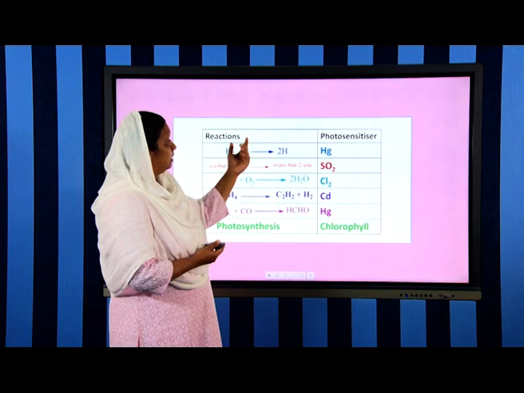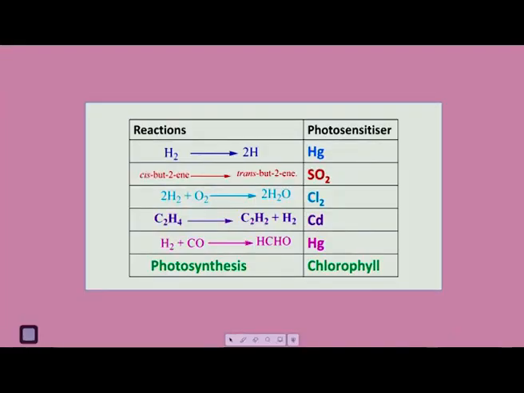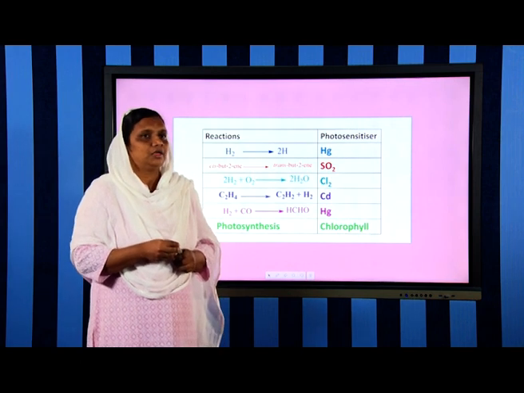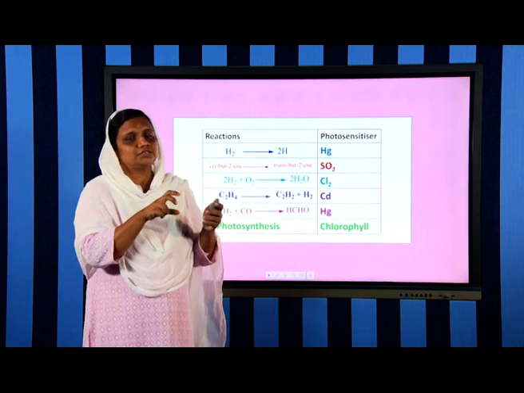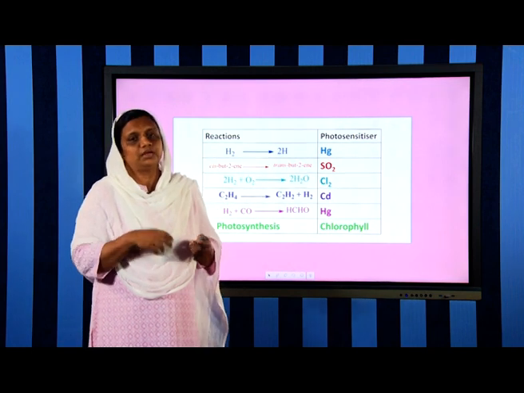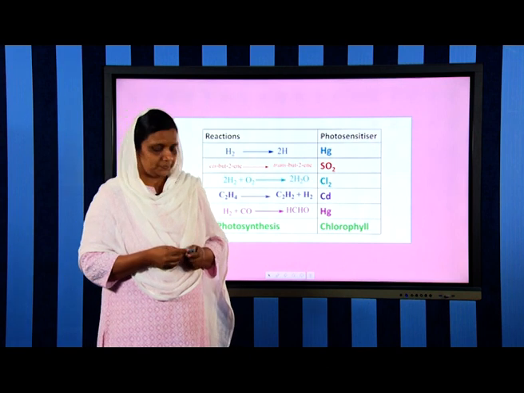So, mercury sensitizes reactions wherein molecular hydrogen is converted to atomic hydrogen, while cadmium transforms ethene to acetylene. Mercury can also carry out the reaction of hydrogen and carbon monoxide to formaldehyde. So, the photosensitized reaction and the donor, these two pairs depend upon the energy requirements of the reaction.